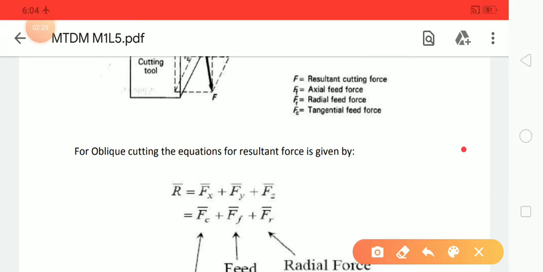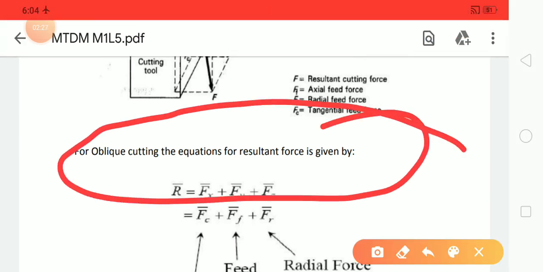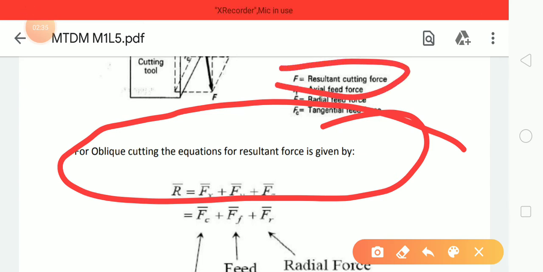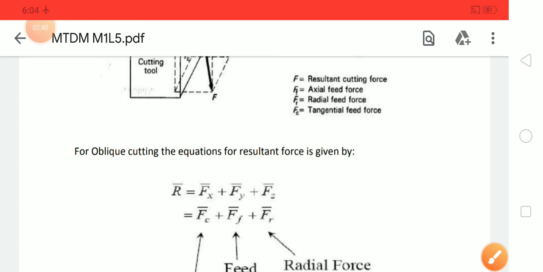The resultant force is given by R is equal to Fx plus Fy plus Fz. This R is the same as F, and F is also the same as R, so that is the resultant cutting force.